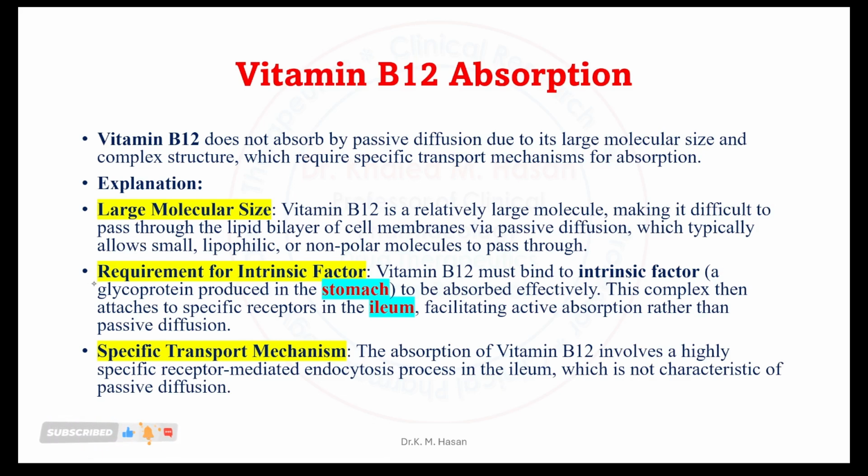The vitamin B12 binds to the intrinsic factor in the stomach, then moves to the last part of the intestine, the ileum, where we have a specific transport system, which we call the engulfing system, where this complex undergoes the endocytosis process and moves to the blood.